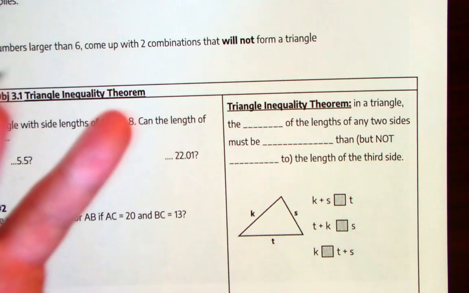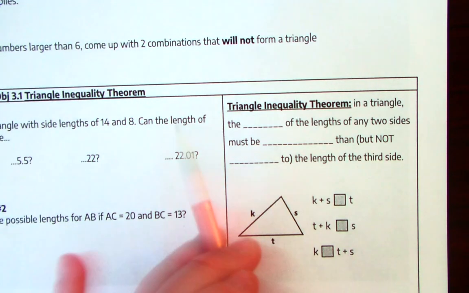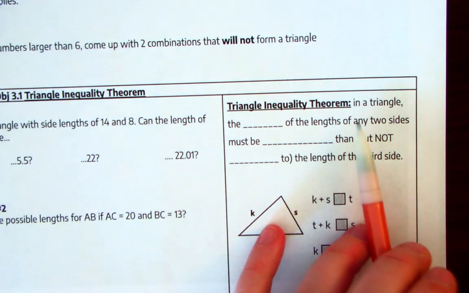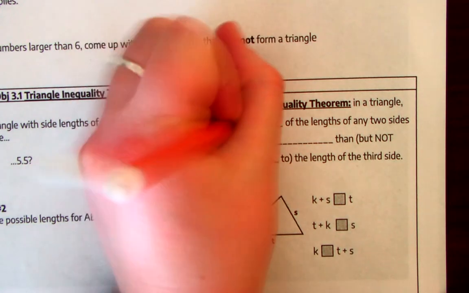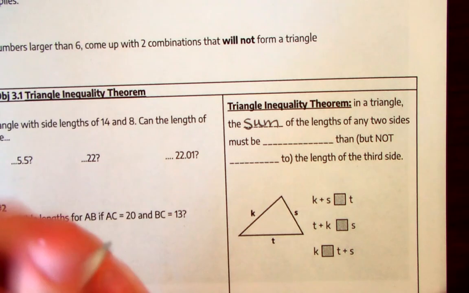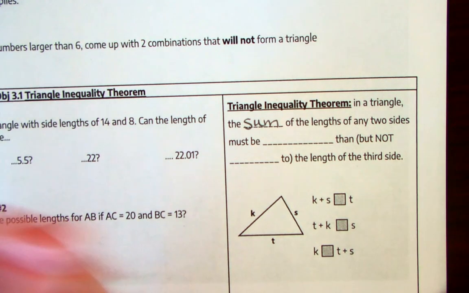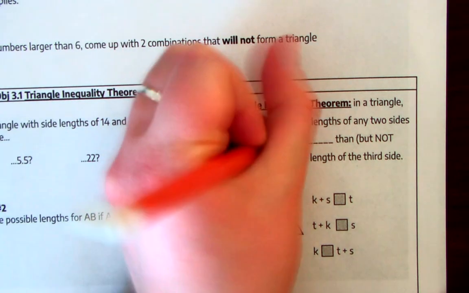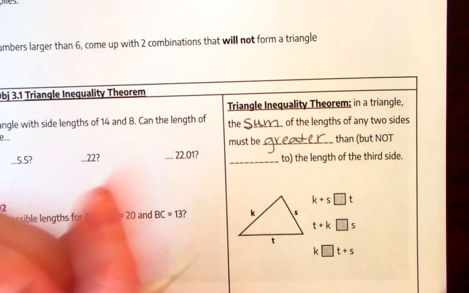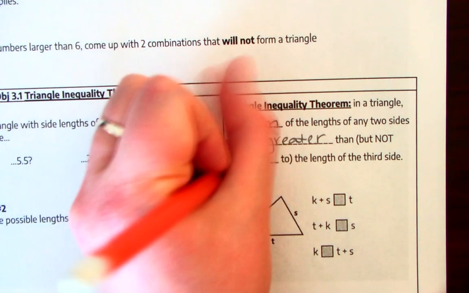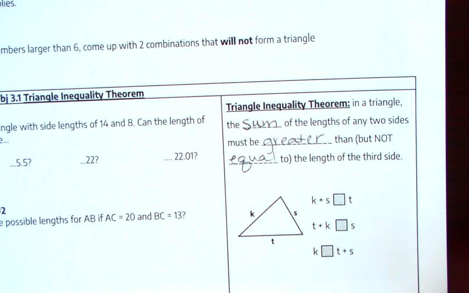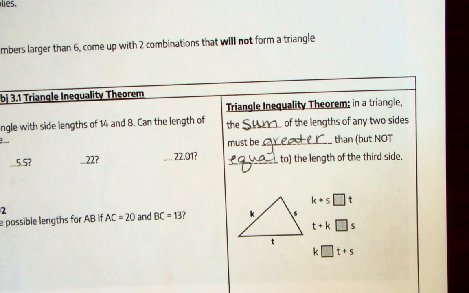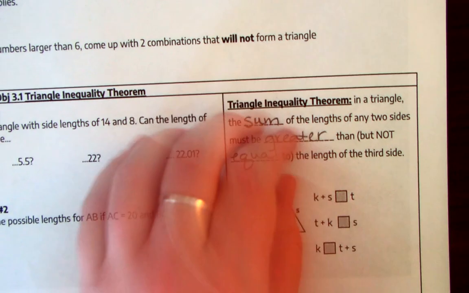Basically, in the figured out section, we discovered the triangle inequality theorem, which says in a triangle, the sum of the lengths of any 2 sides must be greater than, but not equal to, the length of the third side. So if we want to be sure that 3 lengths are going to come together to form a triangle, then this has to be true.